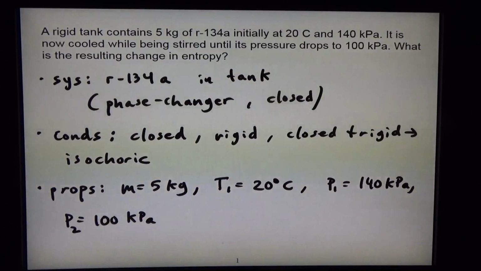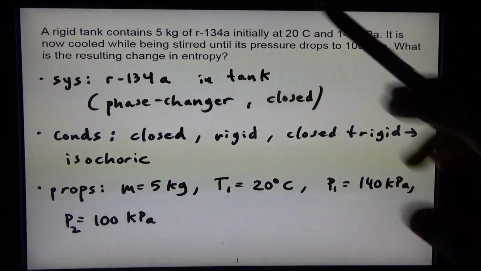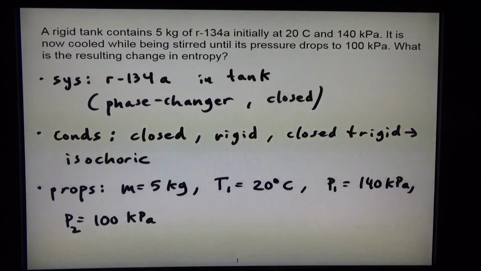Now one thing we notice here is that it tells us that the refrigerant is being cooled and it's also being stirred. So really that is saying that there is heat transfer and there also is some sort of work transfer during this process. We're ready to go ahead and start solving now.